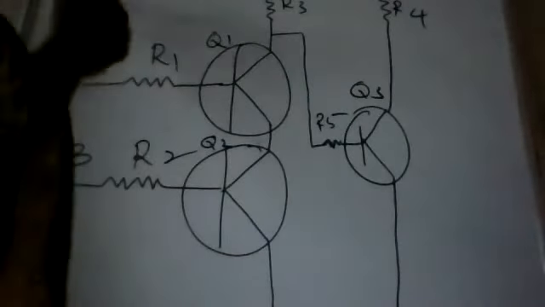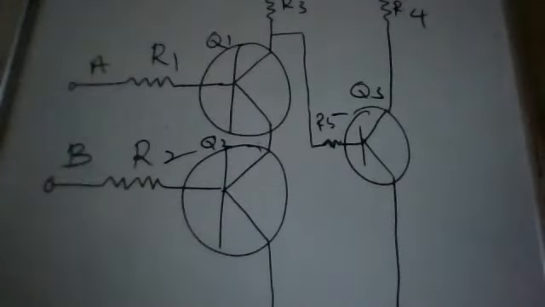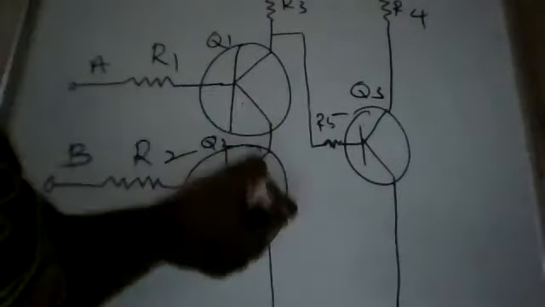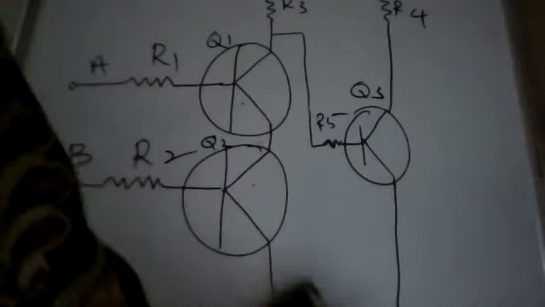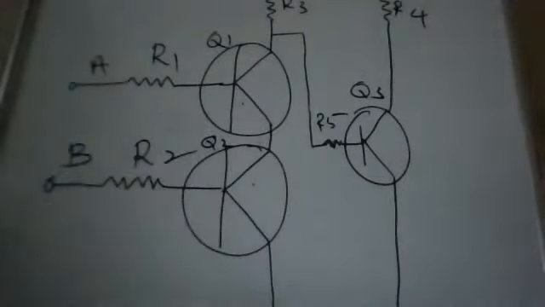Here also this is the diagram for AND gate using transistors. This is Q1 transistor, this is Q2 transistor, and this is Q3 transistor. Here A comma B are inputs. Here also we get the output Y equal to A dot B.